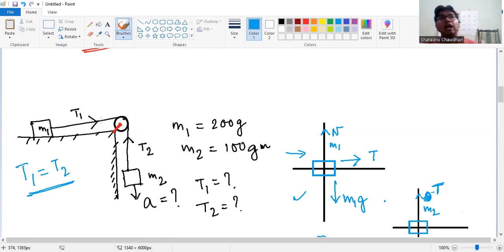So that's why, when I am talking about पुली के केस में, हम लोग को हमेशा T1 will be equal to T2.